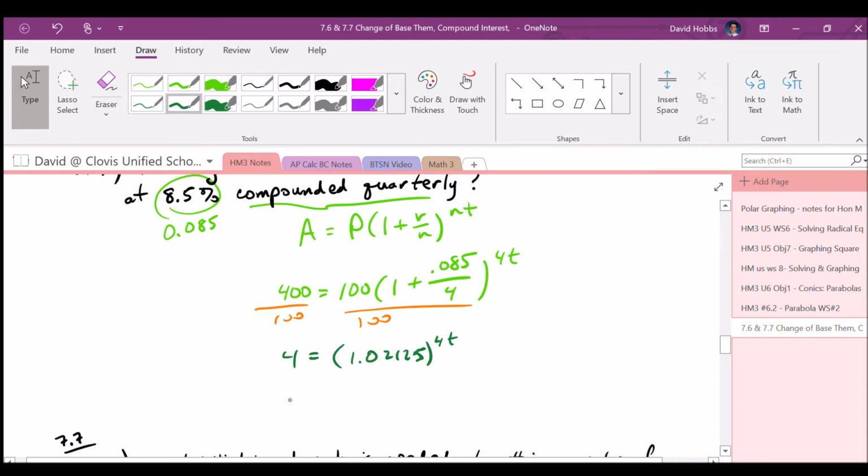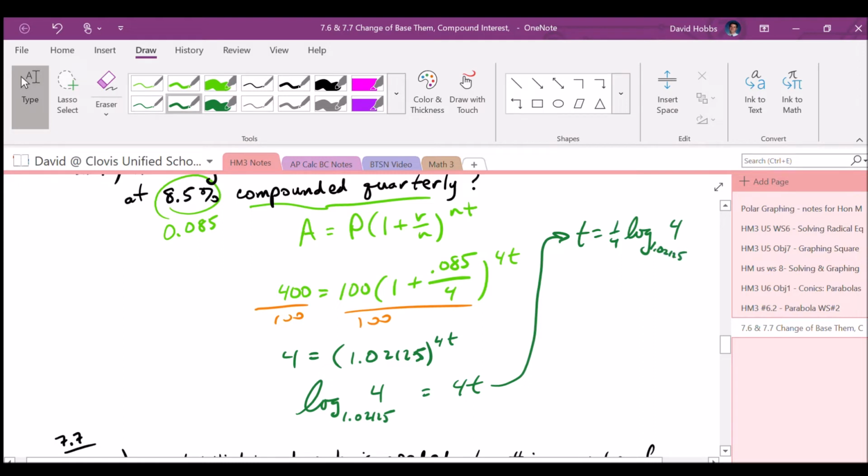Let's see, it looks like I need logs because my unknown is up in the exponent, so log, and my base is 1.02125, long base, and equal sign, and there's the 4t, and 4 goes right there. And the only thing left to do is to divide both sides by 4, or multiply by 1/4. So t is 1/4 log of 4 base 1.02125.